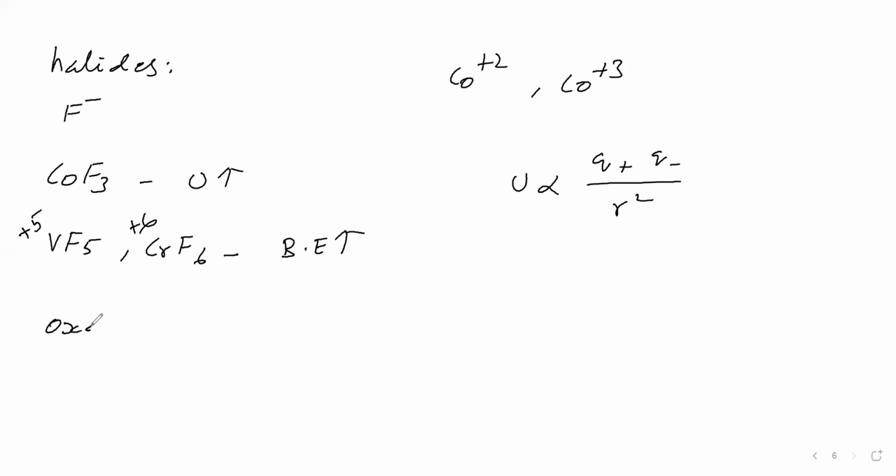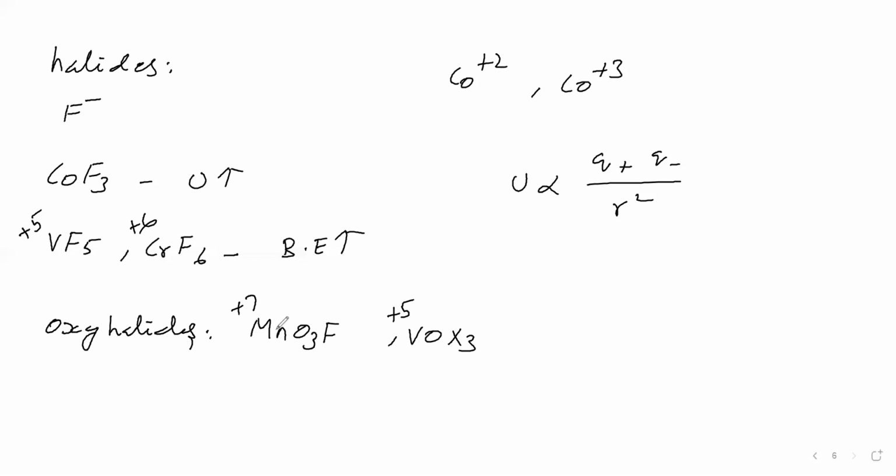Next, we will take oxyhalides. In the oxyhalides we have MnO3F, where Mn is +7, and VOX3, where vanadium is +5, which is a more stable oxidation number.